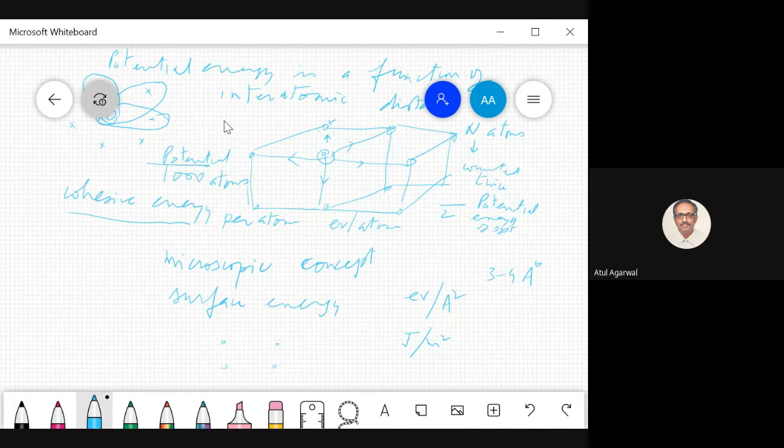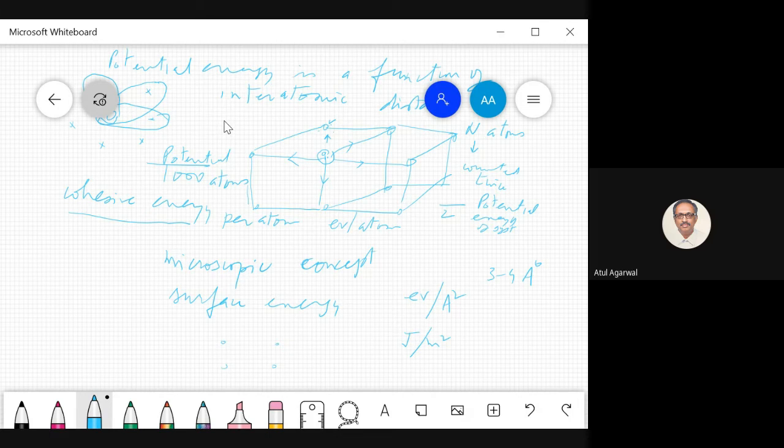Okay. So an atom at the surface has fewer neighbors, so its potential energy reduction is less. That is why we say it is in a higher state of energy. While an atom in the bulk will have more neighbors. The more neighbors, the more the interaction potential becomes negative.